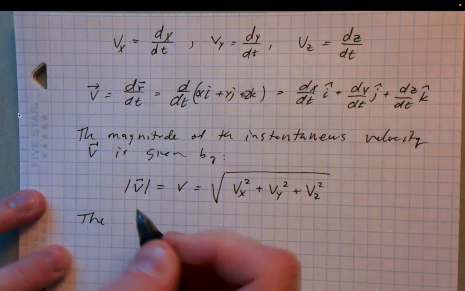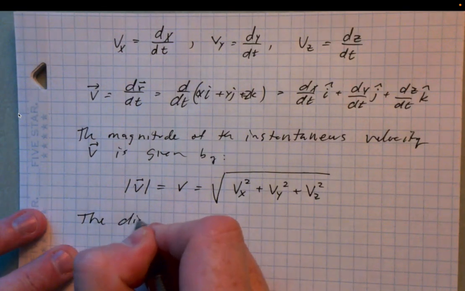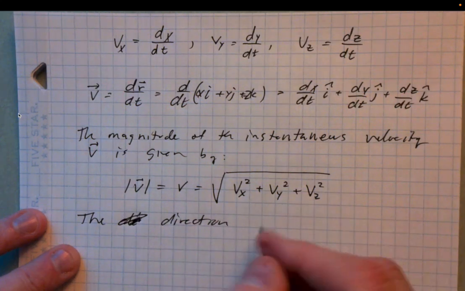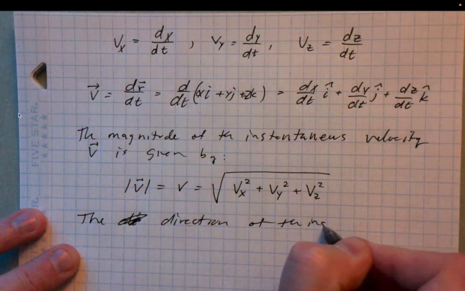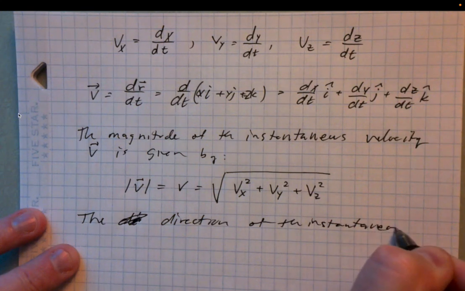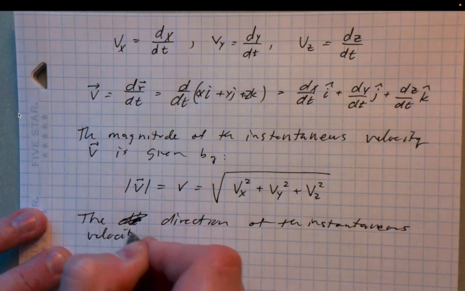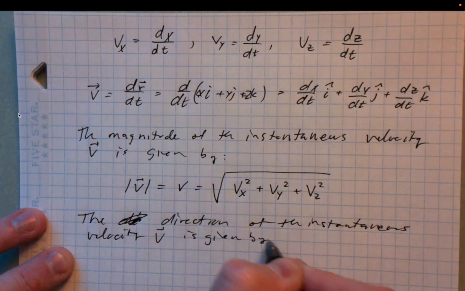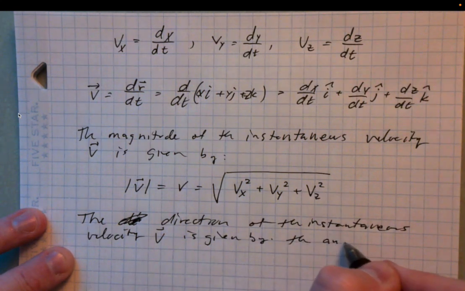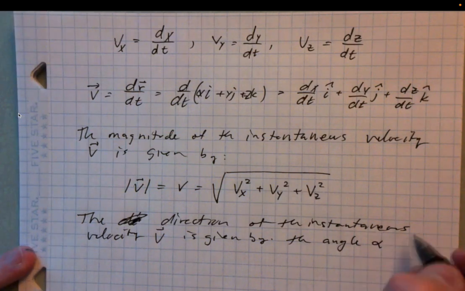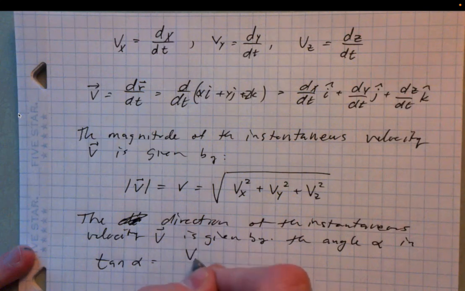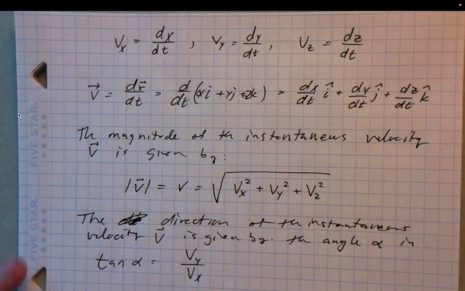So we can also think of the direction of the instantaneous velocity, v, as given by the angle alpha, where tangent of alpha equals the y component of velocity divided by the x component of velocity. And this is the case in 2D.